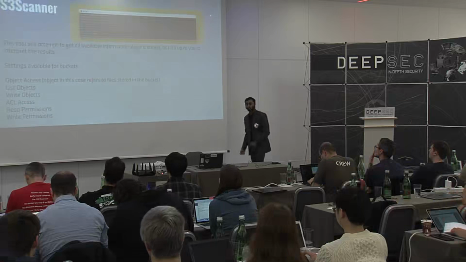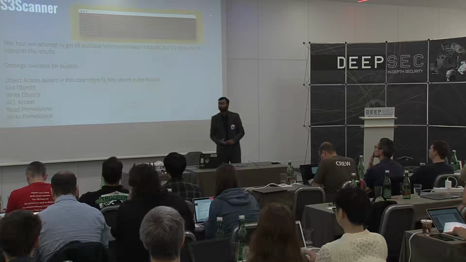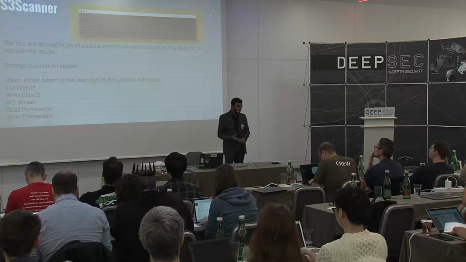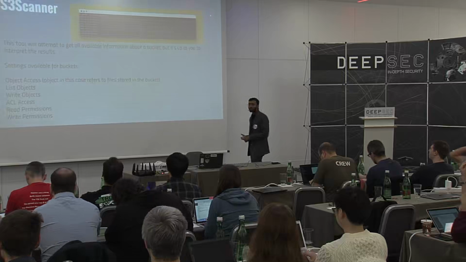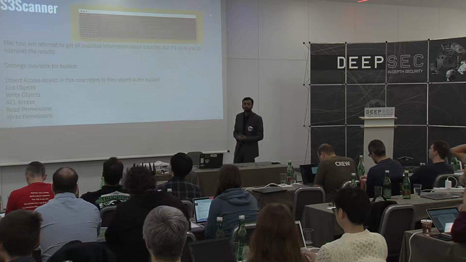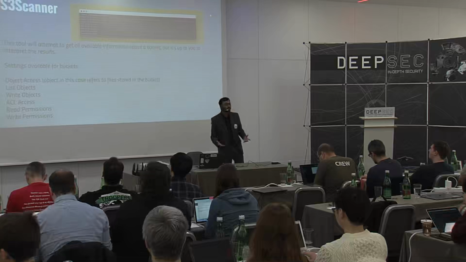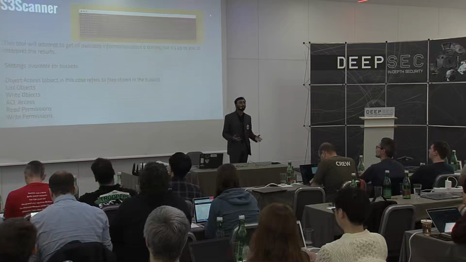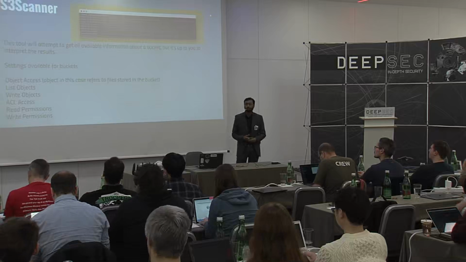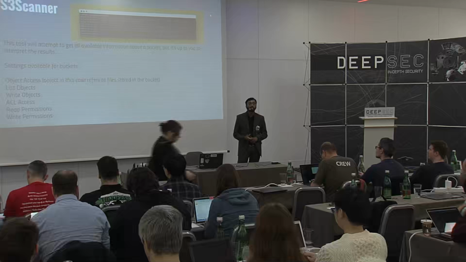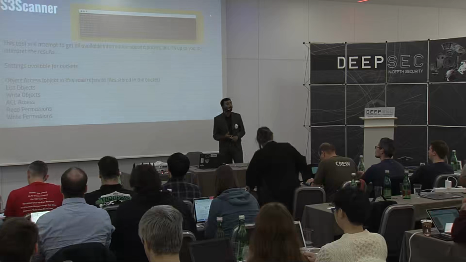So I use a tool which is again an open source tool called S3 Scanner, and this S3 Scanner is a command line tool. It also has a default word list file, but you can always provide a custom word list file for your own use, and you can customize it to the level that it not only identifies public buckets.